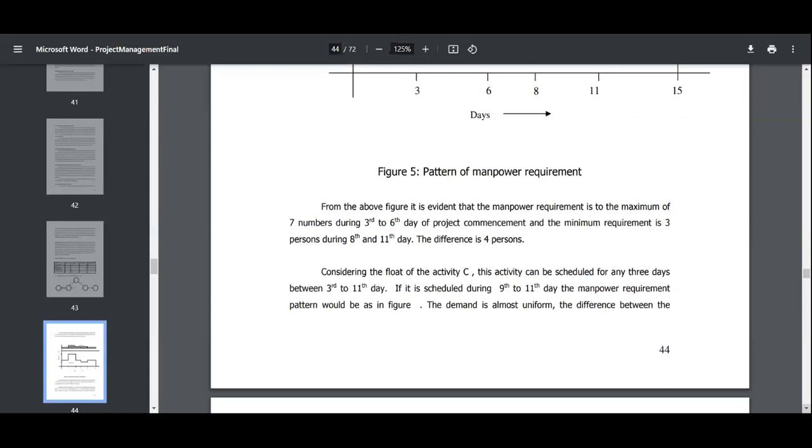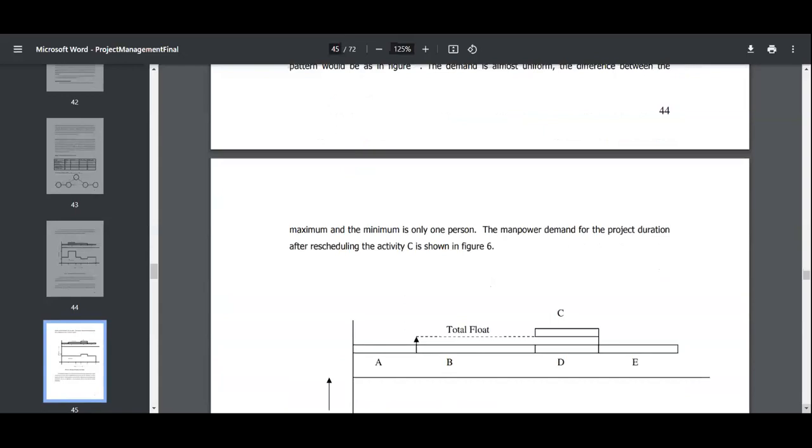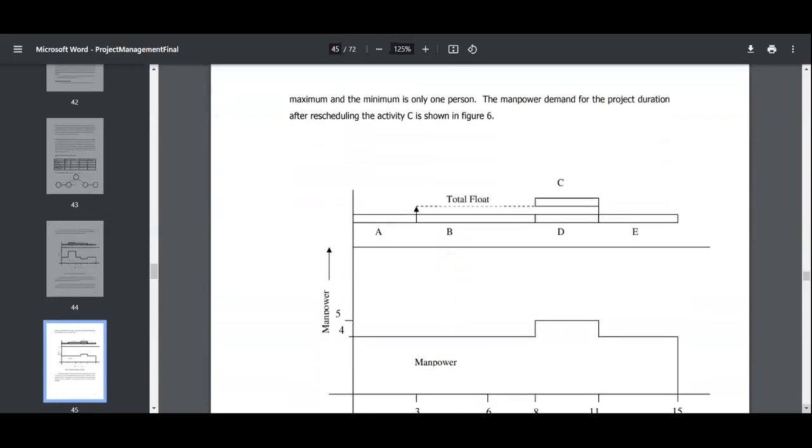But if some problem happens, natural issues or so, at that time they will extend. Otherwise, not. Your personal reason is not allowed. So here we have seen the maximum and minimum is only 1%. So the manpower demand for the project duration is scheduling the activity C shows of that project.